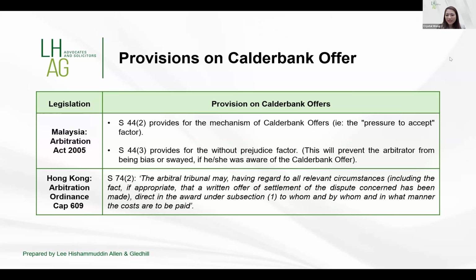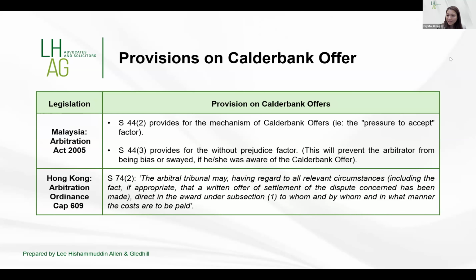And the big question mark would be, do you look into the Calderbank offer? So in a general statement, that a Calderbank offer is an arbitration equivalent of payment into court is a misnomer. Only in very few international arbitration acts, the lex arbitri, is specific reference made to a Calderbank offer; in general, you don't actually find them.